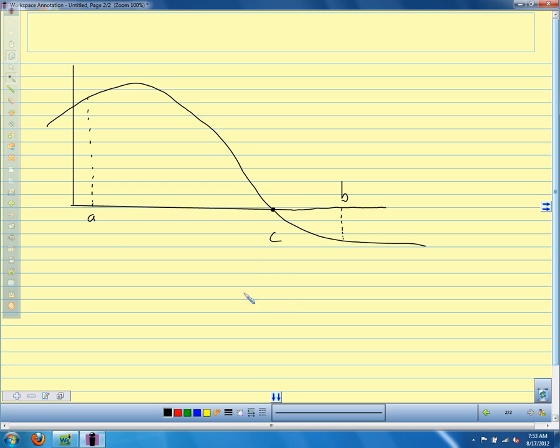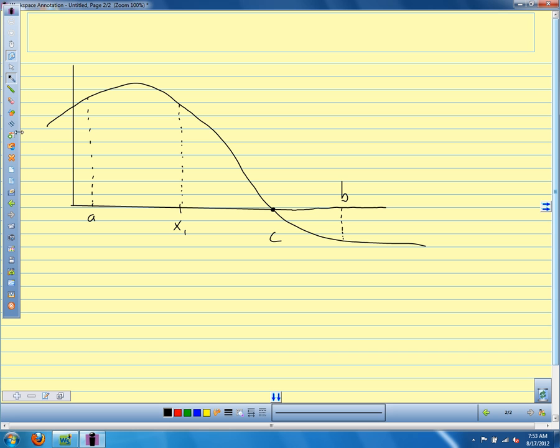Now we're going to make an initial guess. Let's say our initial guess here is x1. We're going to guess that x1 is the 0. It's close to our 0. And we're going to construct the tangent line to f at x1.